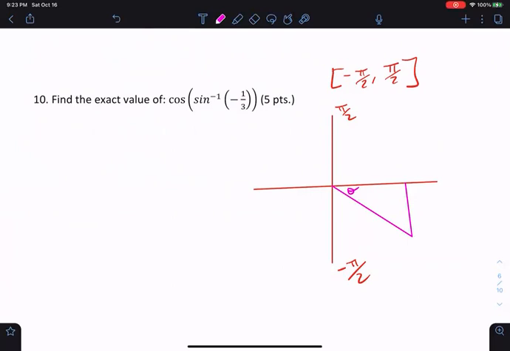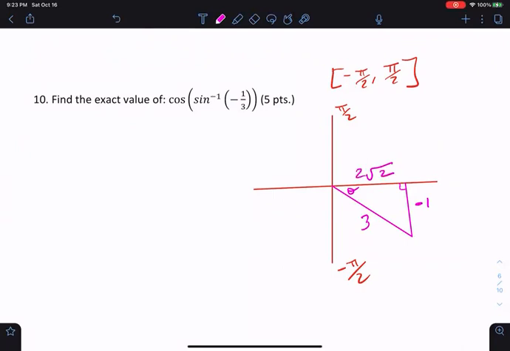So r is 3, it has to be positive, and this is -1. So I need to find out this number, right? That's going to be probably 9, 8, square root of 8, 2√2, right? I think that's what it is.